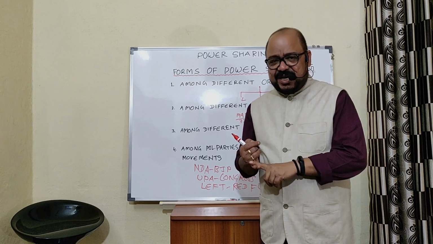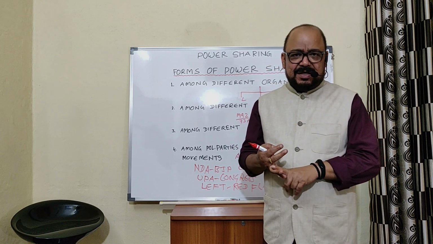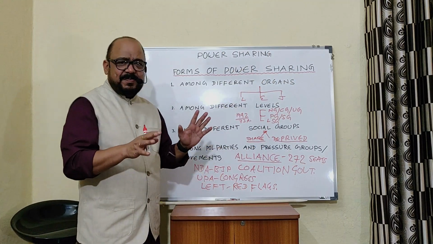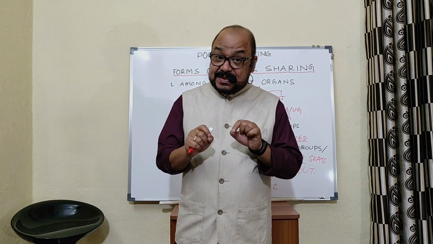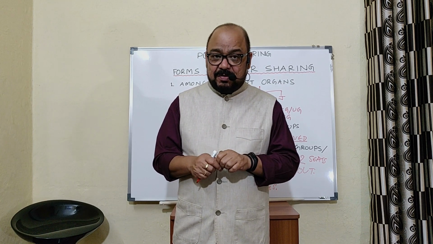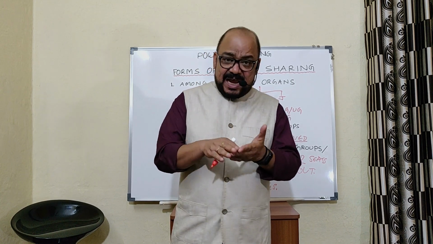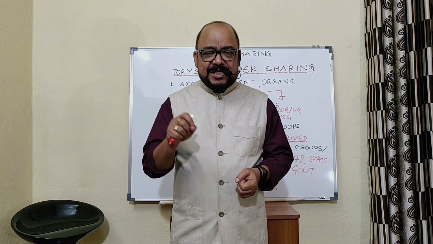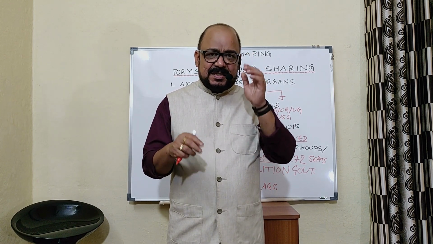Okay, trade unions, student unions, women unions, merchant unions, these all are pressure groups. They influence decision making. How? They are made members in different government bodies, committees, associations and organizations, and there they influence decisions.